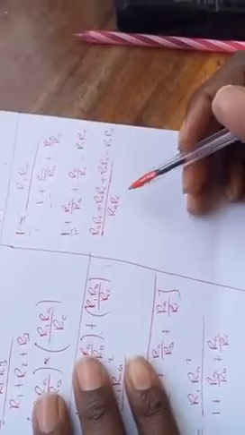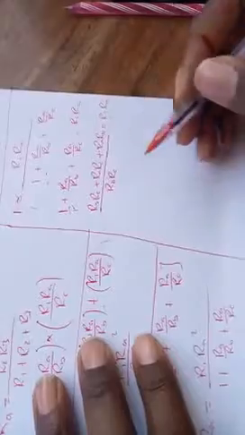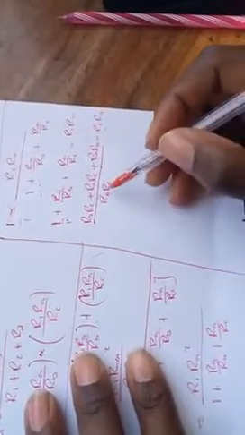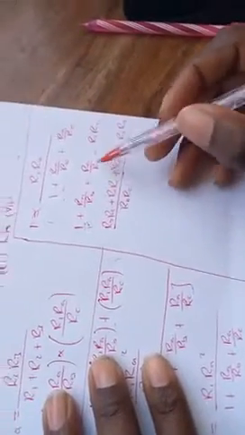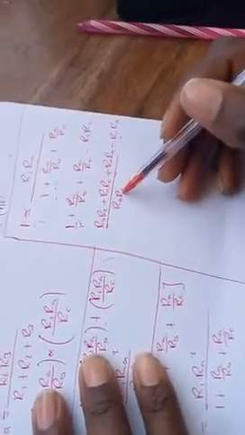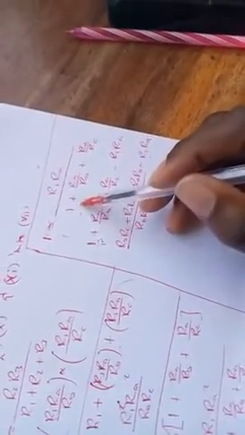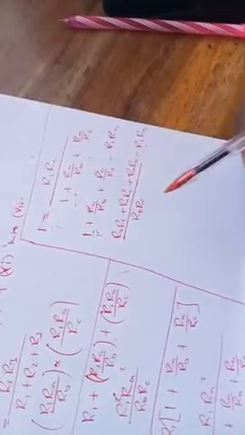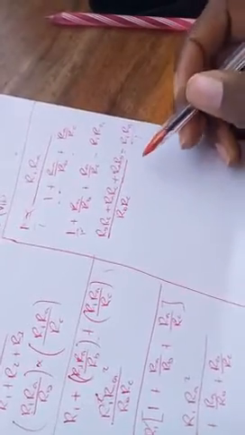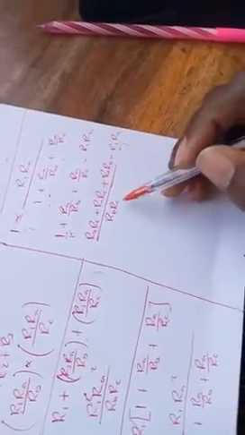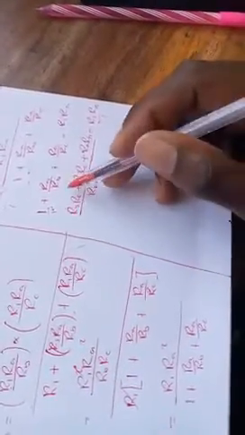So what I can do is cross multiply, or maybe even simplify it, it's fine.